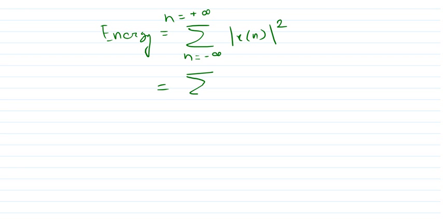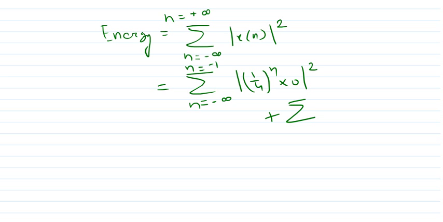From n equals minus infinity to minus 1, what is the value? 1 by 4 raised to the power n into 0. And from n equals 0 to infinity, what is the value?